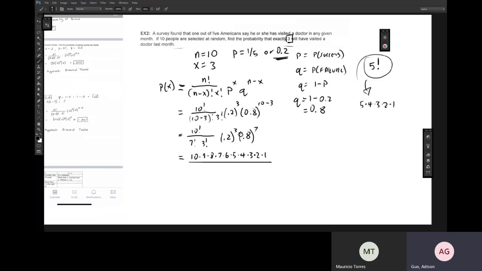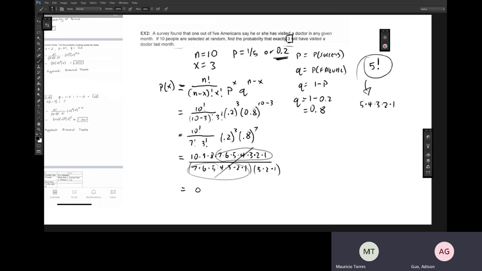If we do that, we have 7 times 6 times 5 times 4 times 3 times 2 times 1, and then we have 3 times 2 times 1. Because of the way the factorial works, you can see that this part is the exact same as this part down here, so I can just cancel that out.